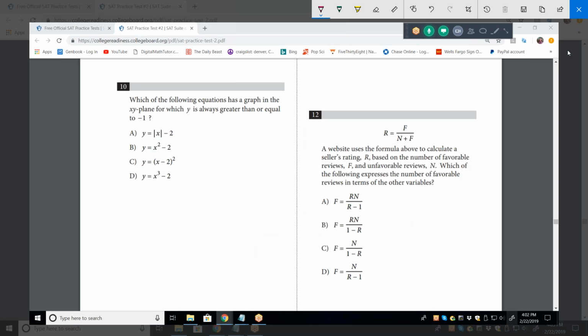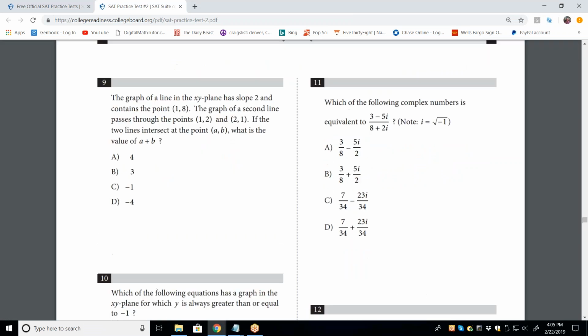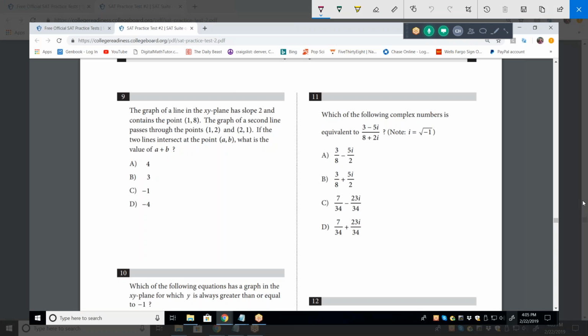Makes sense. Let me go up to 11. First of all, what do we do with complex numbers where you have division involved? You multiply by the conjugate.